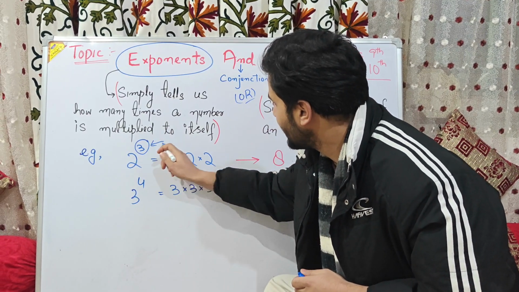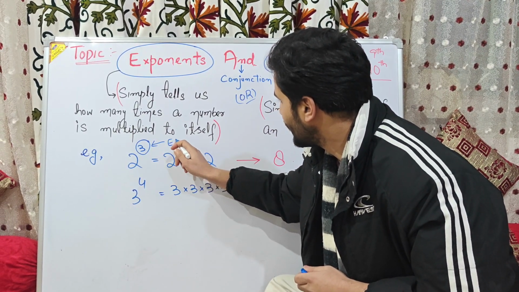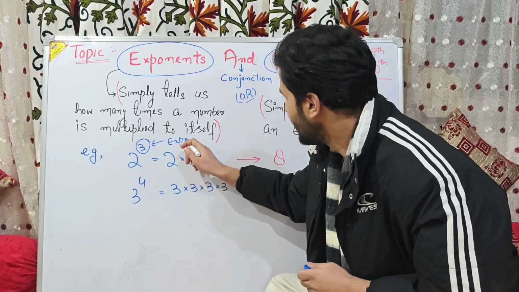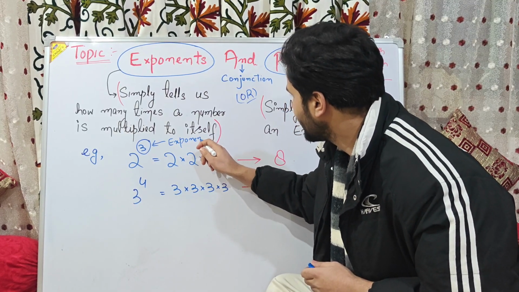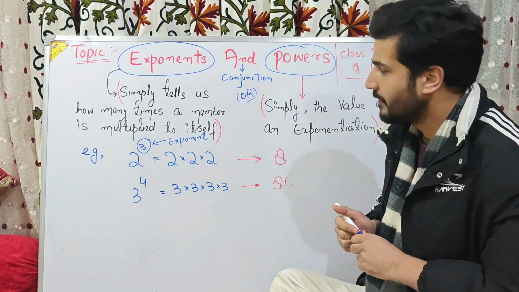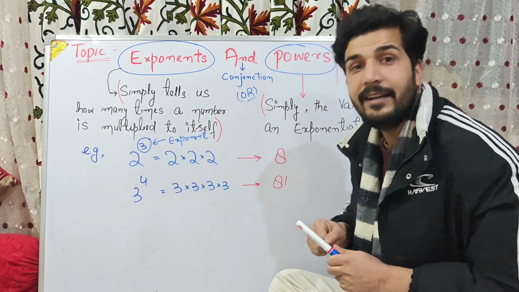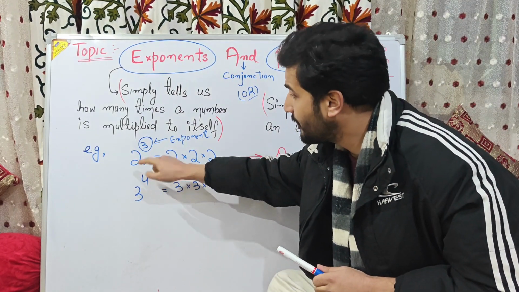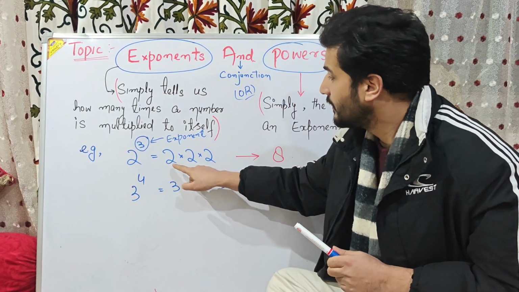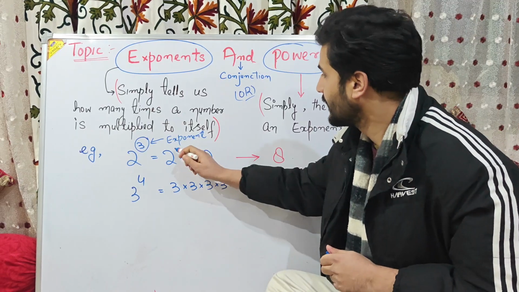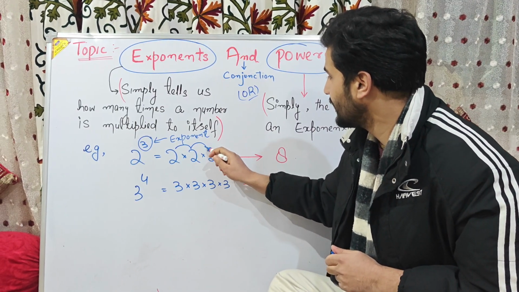The exponent here is 3. So this exponent 3 tells us that we have to multiply this 2 three times. This is 1, this 2 and this is 3.